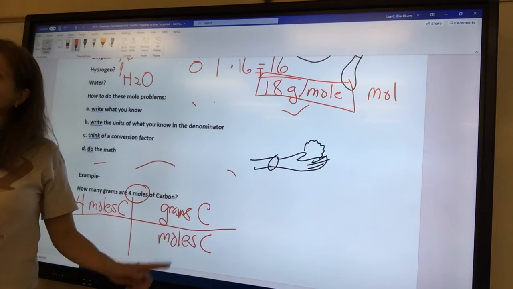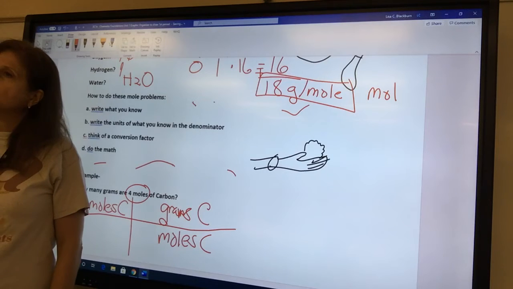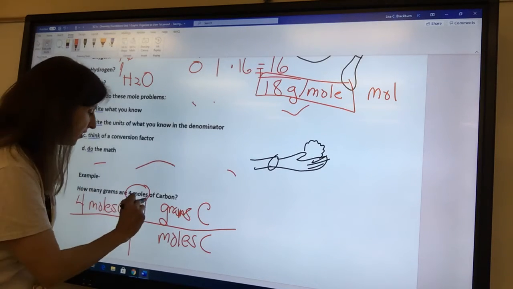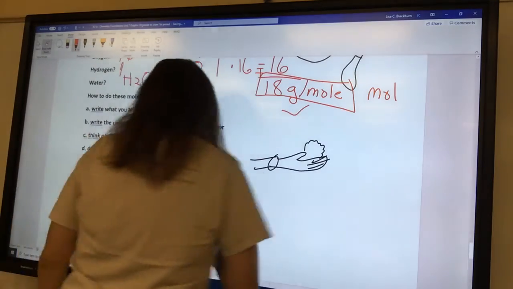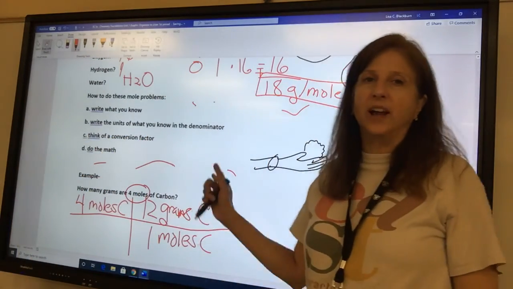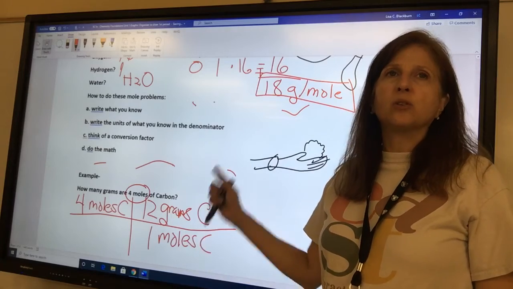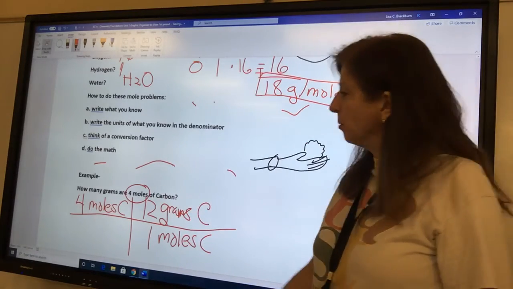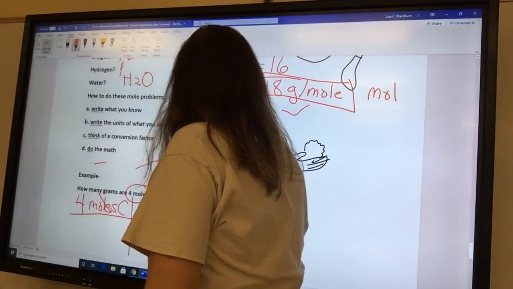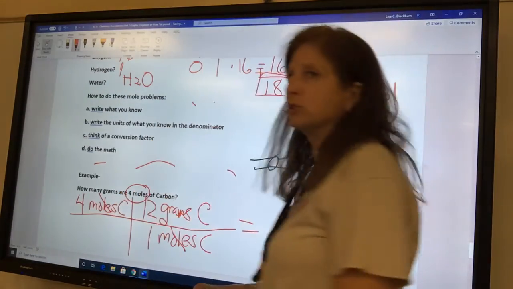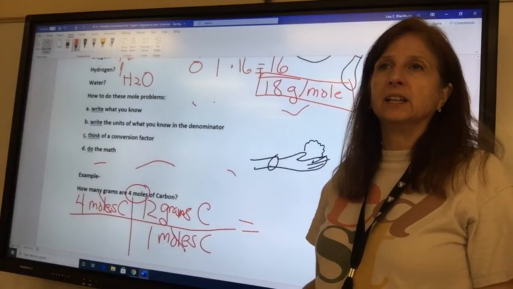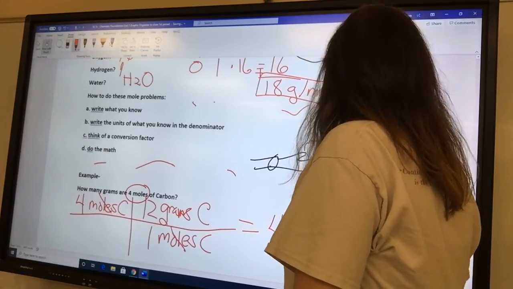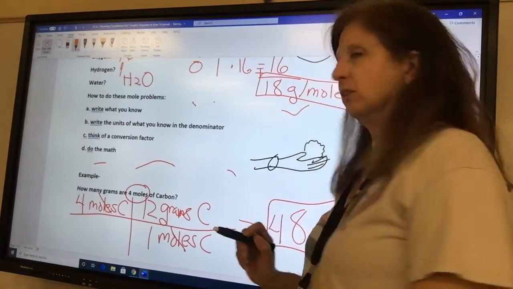What is the molar mass of carbon? 12. So there's 12 grams in 1 mole. That's the conversion factor. Does that make sense? We want to know how many grams are in 4 moles. Moles cancel out. 4 times 12 is 48. So it's 48 grams. Put a box around it.